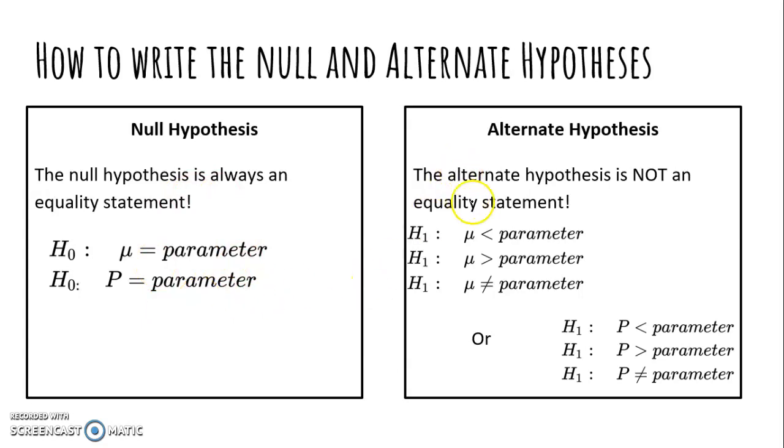And then for the alternate statement, you are going to make a contradicting statement. So you will either say that the mean is less than or greater than or not equal to whatever that number is, or if it's proportion, you do the same thing with less than, greater than, or not equal to, not all three, just one of those, and you label it with H subscript 1.